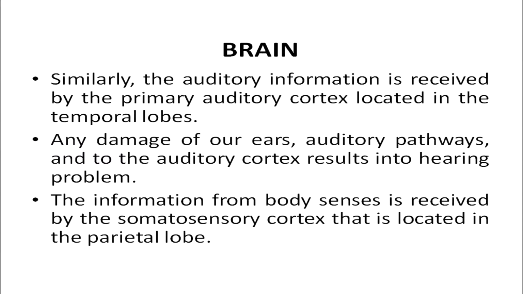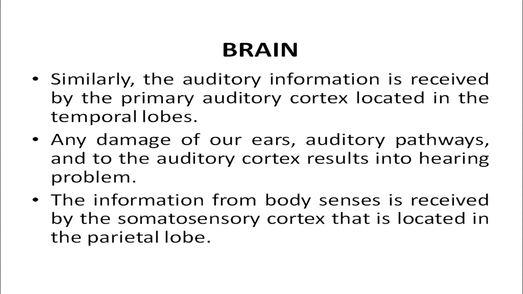Similarly, the auditory information is received by the primary auditory cortex, which is located in the temporal lobe, again one of the lobes of the cerebral cortex. Any damage to the ears, auditory pathways, or the auditory cortex results in hearing problems.